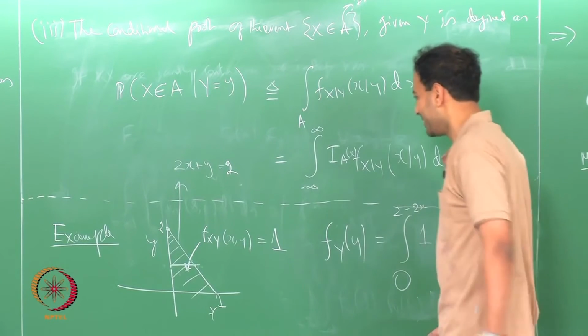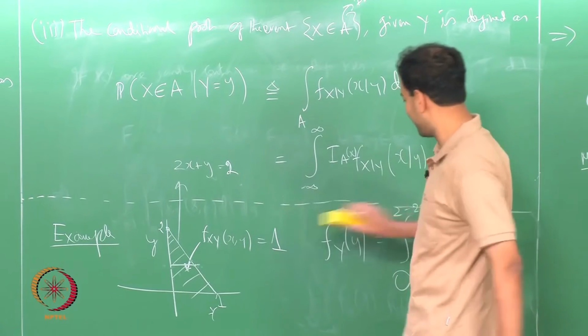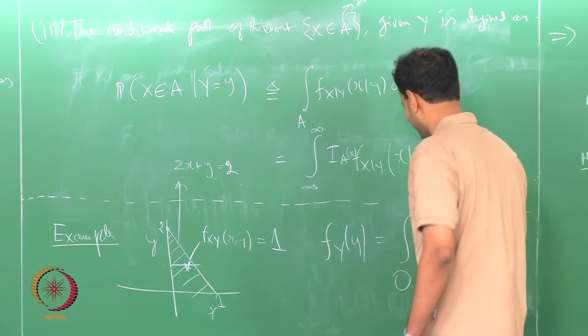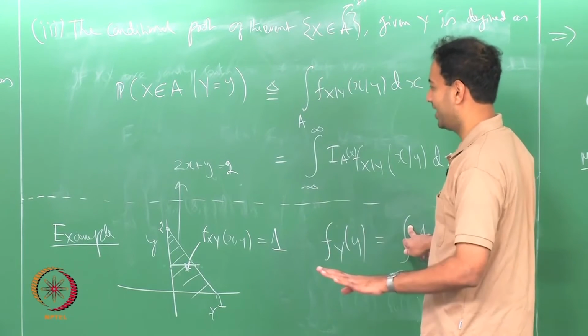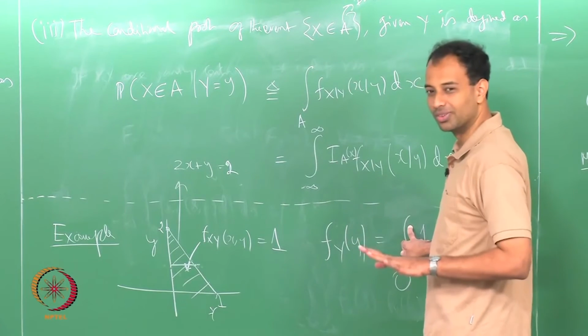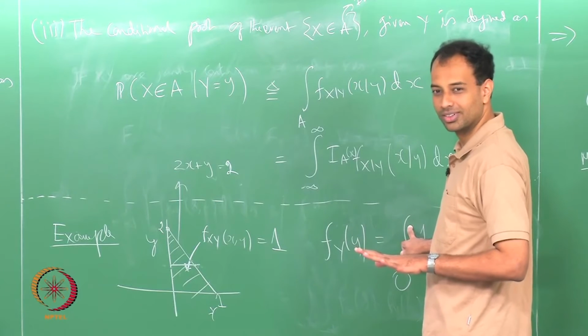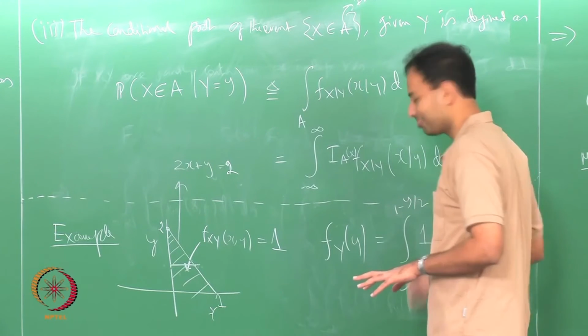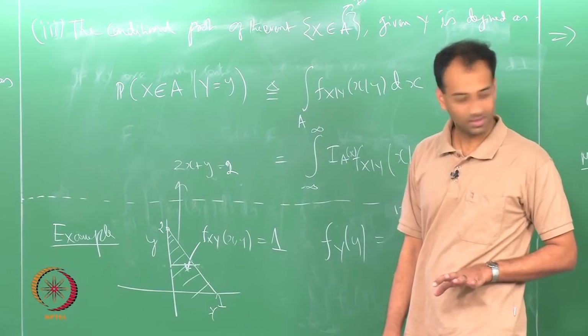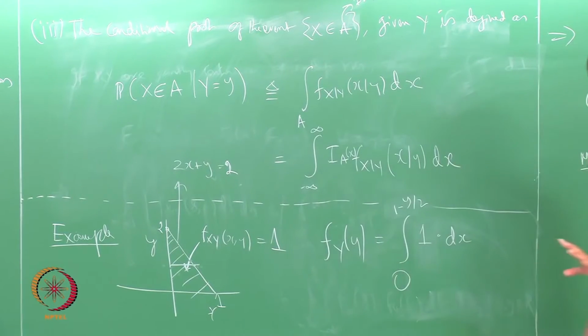So, sorry. So, I should vary. So, this should be something in y, right, you are right, sorry. So, what should this be then? 2 minus y divided by 2, 1 minus y over 2, agreed, fine with me. So, this is correct.